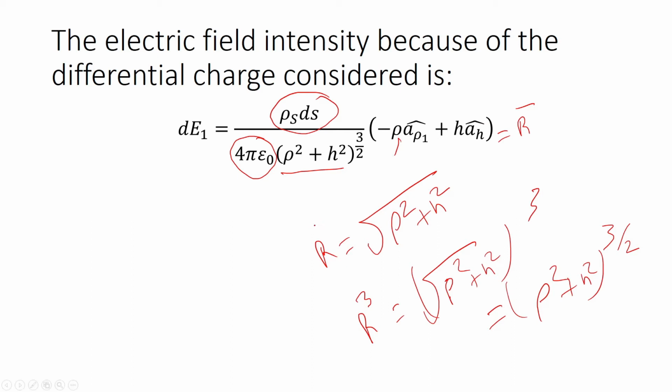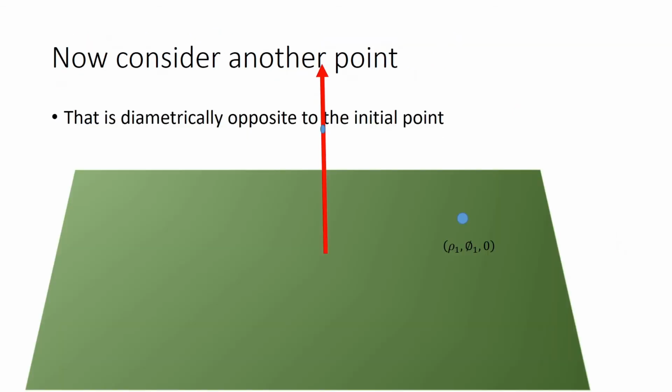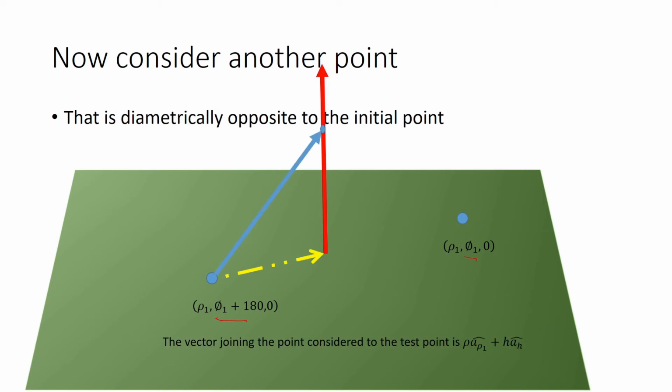Okay guys, now consider another point, but at this time the point is diametrically opposite to the first point. Again, to reach this point, we will have to take another different path.